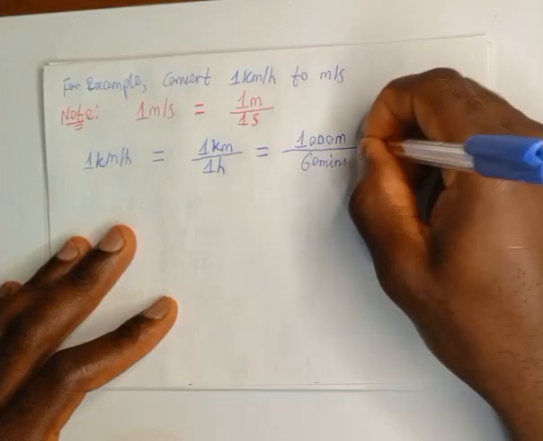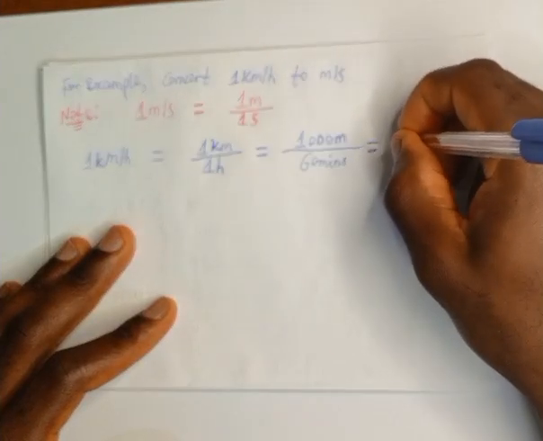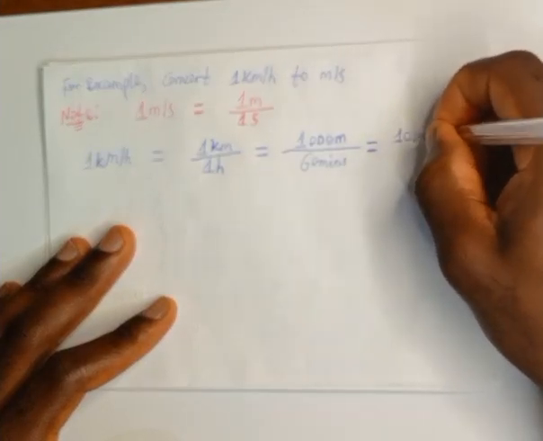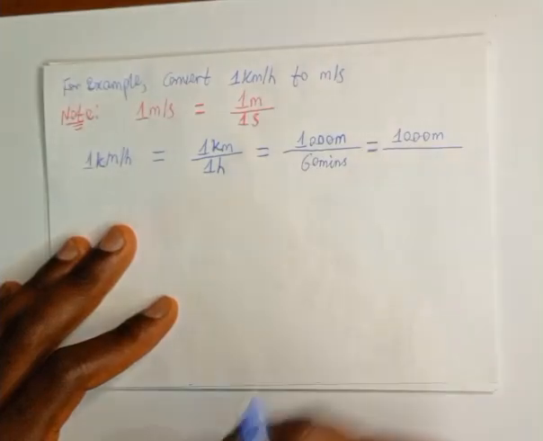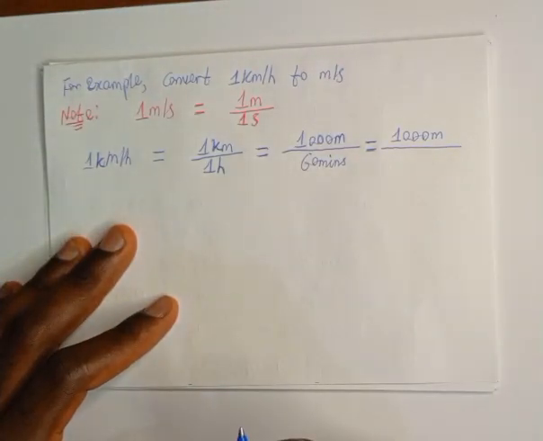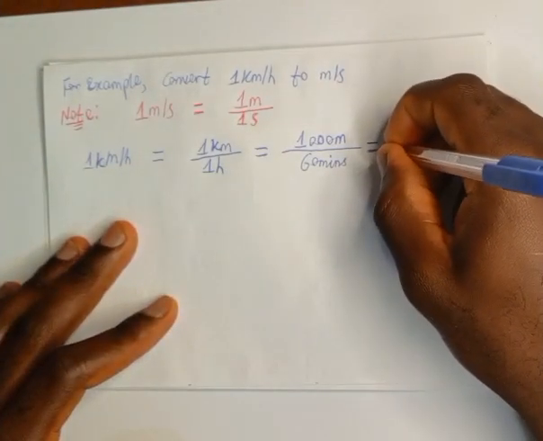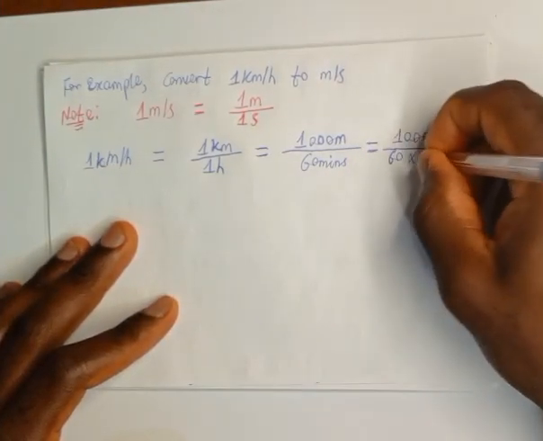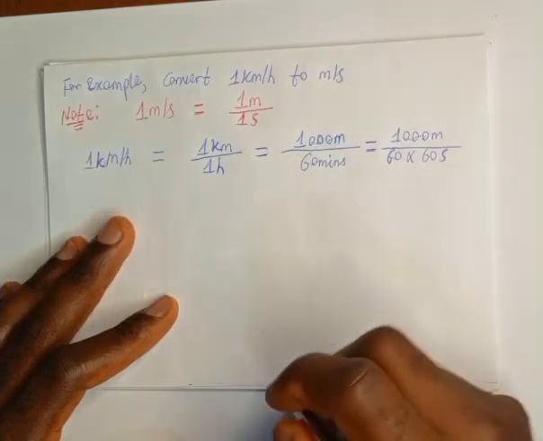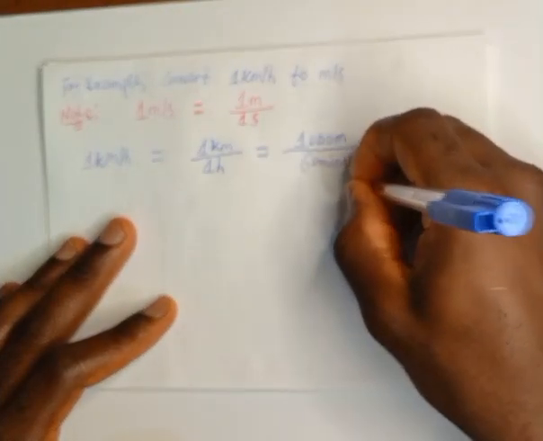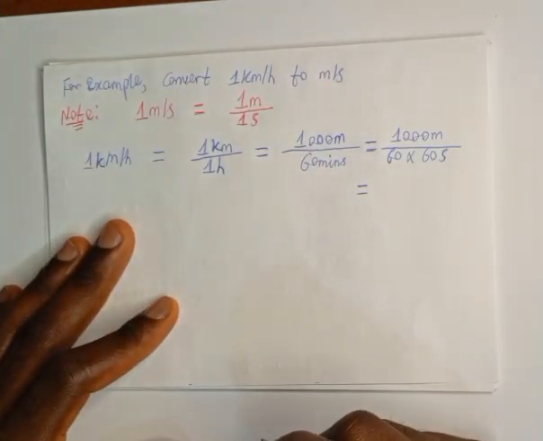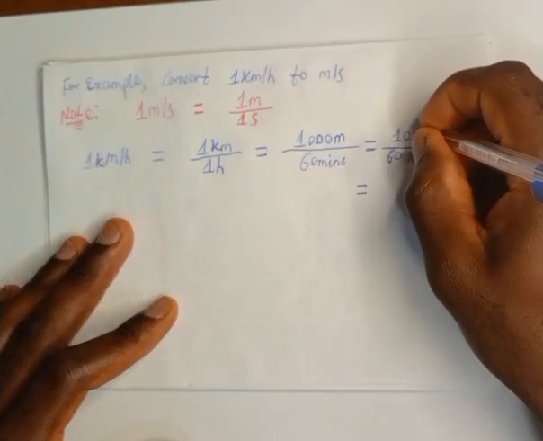This will simply be equal to 1000 meters all over, we know 1 minute is equal to 60 seconds, 60 minutes in seconds will give us 60 times 60 seconds.